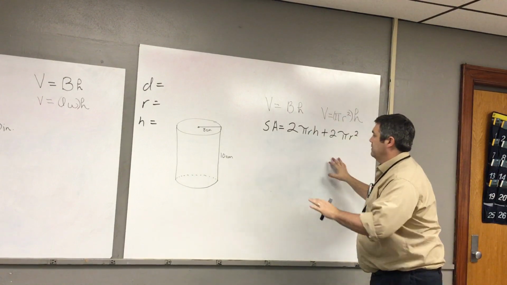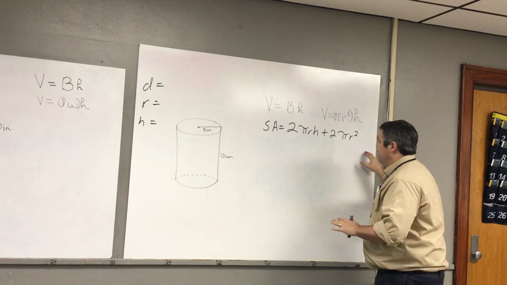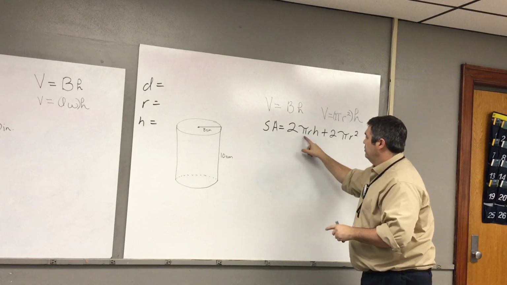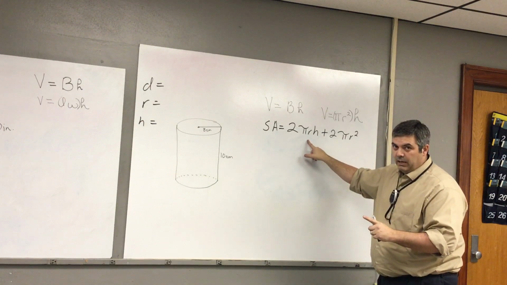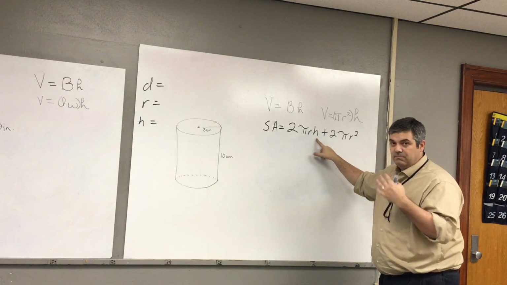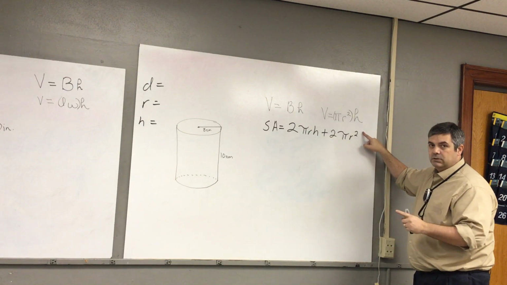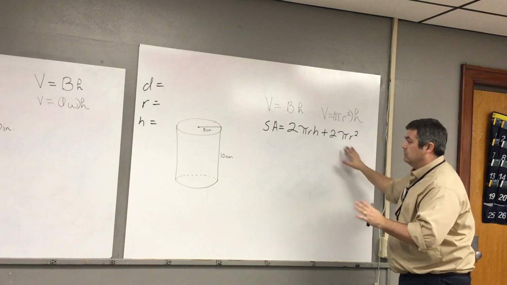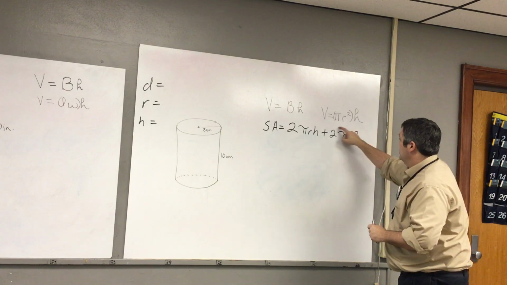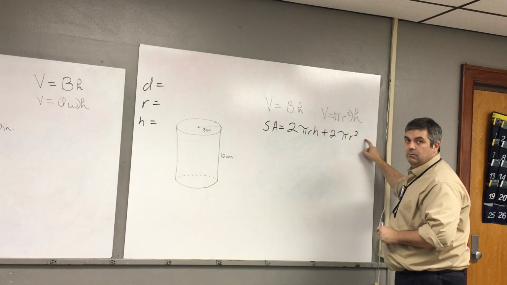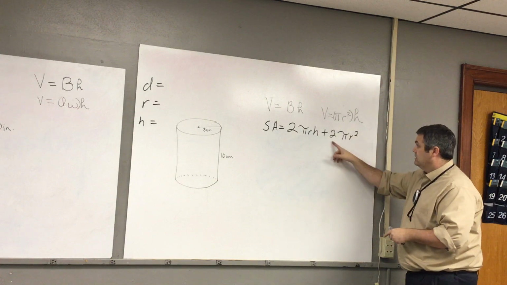Don't worry about these formulas up here. Those are for something else. But I have my formula right here. 2 pi RH, LSA. That's my lateral surface area. And then here, 2 pi r squared. Okay? So we're pretty good here. Here's my base area. And because there's 2, I'm going to be multiplying it times this 2.